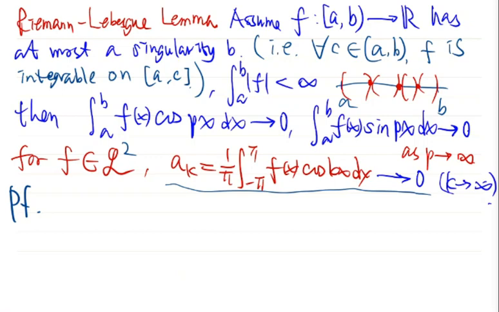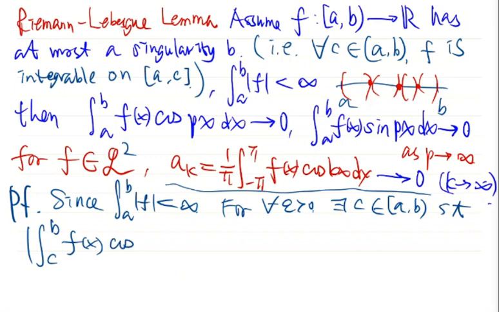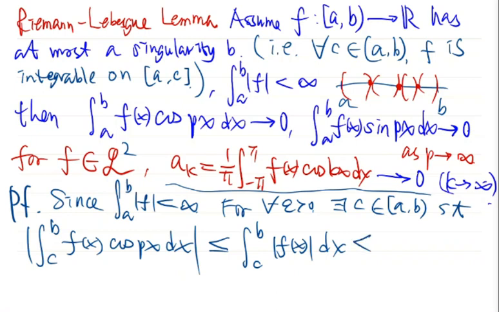Because the integral is convergent, for any positive epsilon we can choose c in (a, b) such that the absolute value of the integral from c to b of f(x) cosine px dx, which will not be greater than the integral of the absolute value of f, is very small.